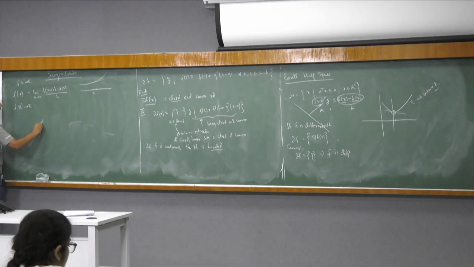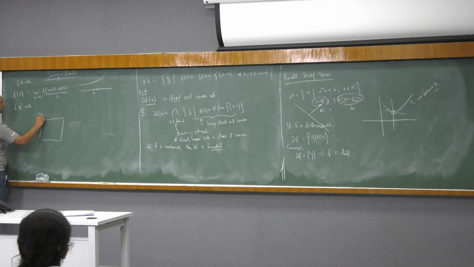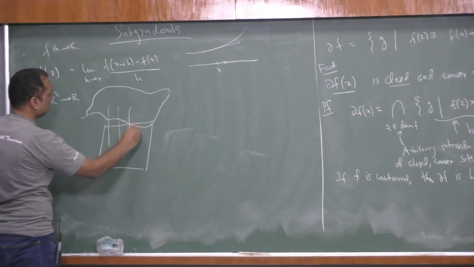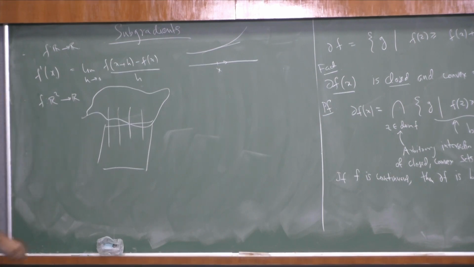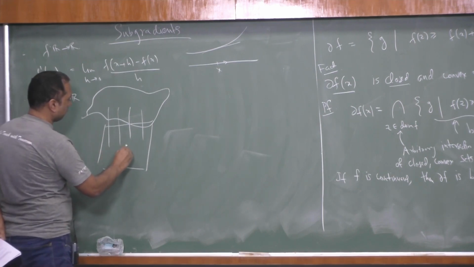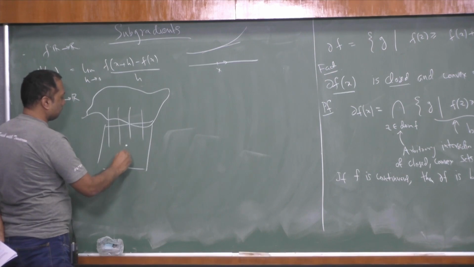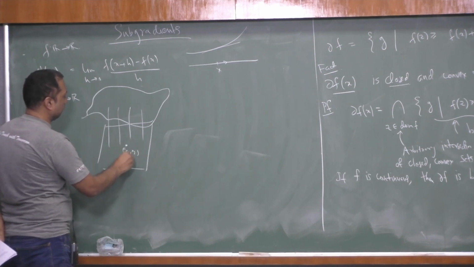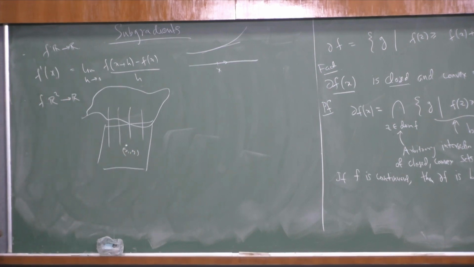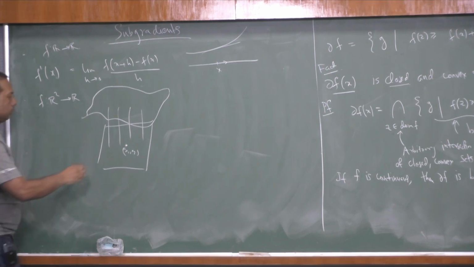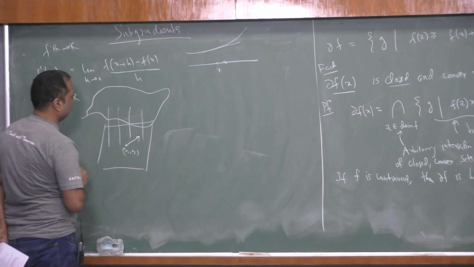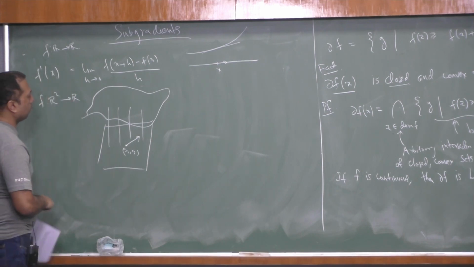So if my domain is like this and the function takes values like this, and I am at a point x, let us say with some coordinates x1, x2, then I have multiple ways to ask how the function varies. If I go in this direction, I would like to know how the function varies here.